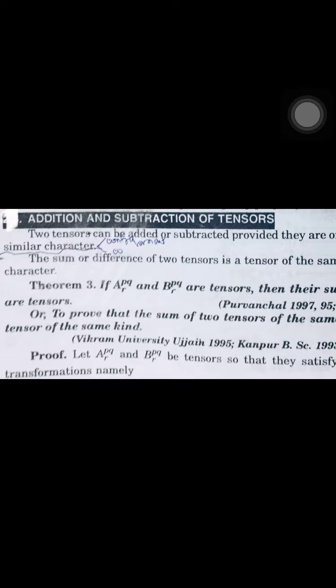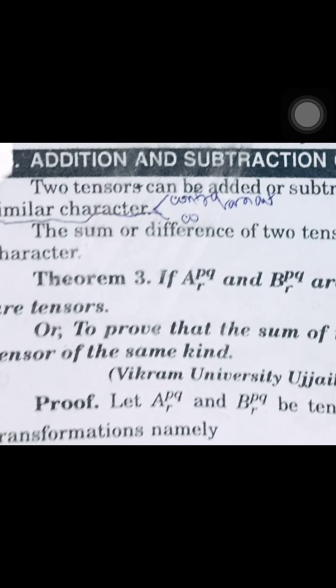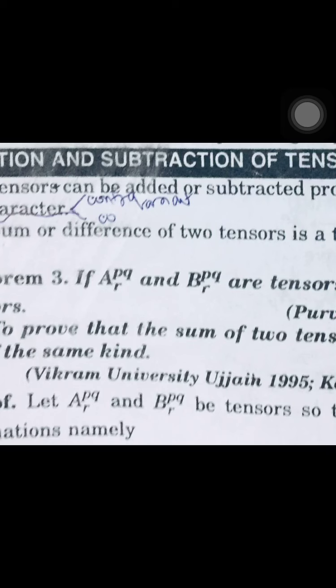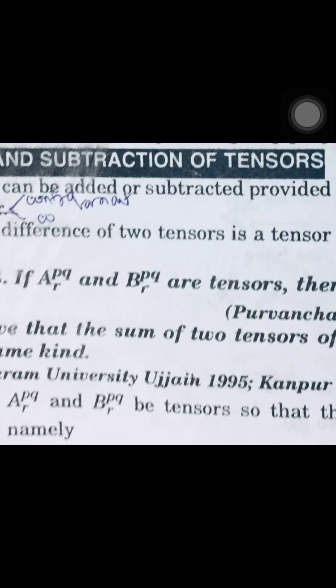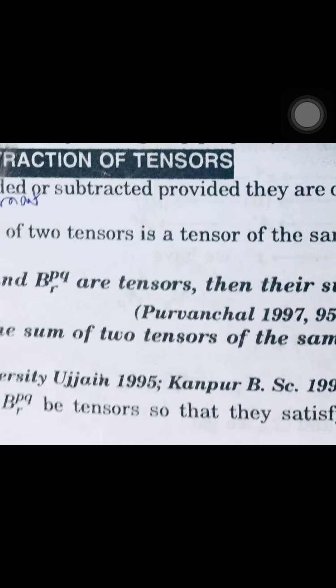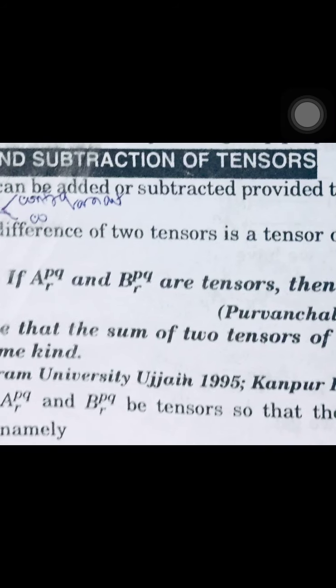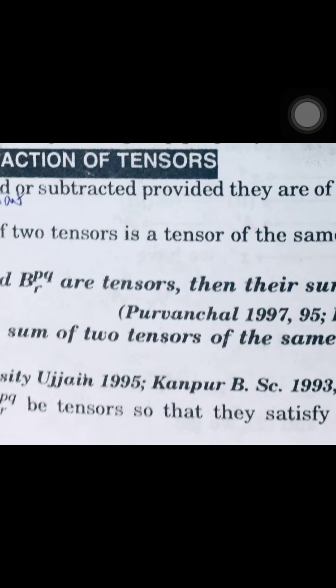Okay, so here one question is given in the form A^{PQ}_R, that is, PQ in upper indices and R in lower indices, means it is a tensor of order 3. Two indices are upper and one is lower, and the other is B^{PQ}_R, the same third rank order tensor. Here indices are in upper and lower also, which means they are mixed tensors.